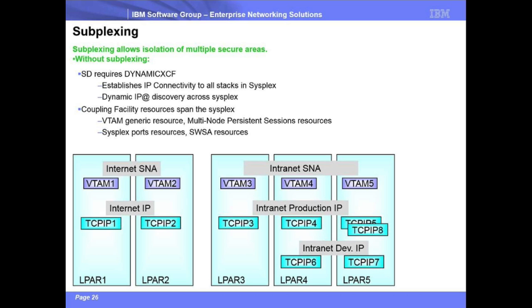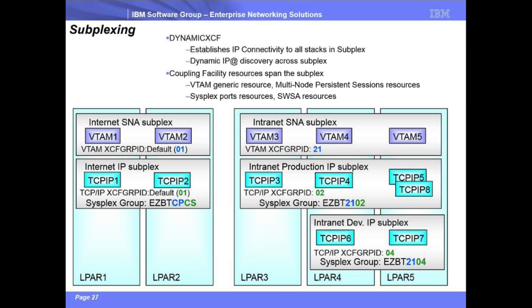If subplexing is used, then IP connectivity, all of these functions, dynamic IP address discovery, use of coupling facility resources is located within the TCP/IP subplex.